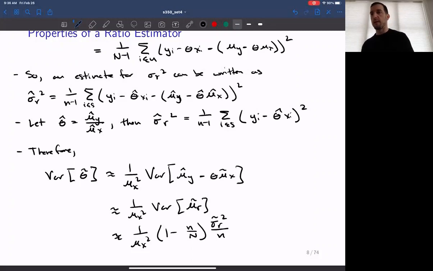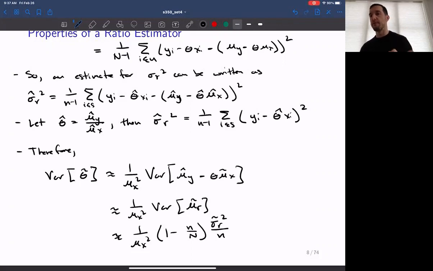And then we said, okay, well, let's introduce this variable Ri, which represents the difference between y minus the ratio estimator times x. From that, we derived mu r. From that, we were able to show that the properties of mu r will be effectively the same as what we saw for our simple random sampling estimators of the general variable of interest.